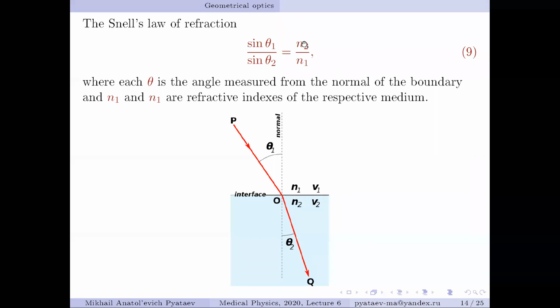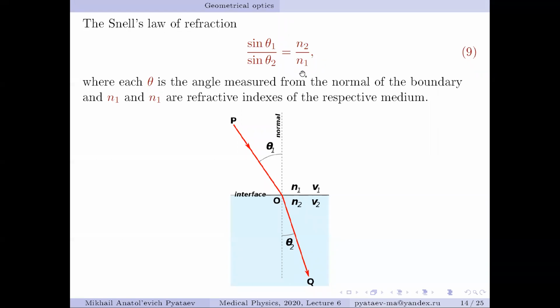So the refractive index shows the ratio of the speed of light inside the substance related to the speed of light in vacuum. The speed of light in vacuum is the maximal speed possible in our universe, and this speed is not infinite.